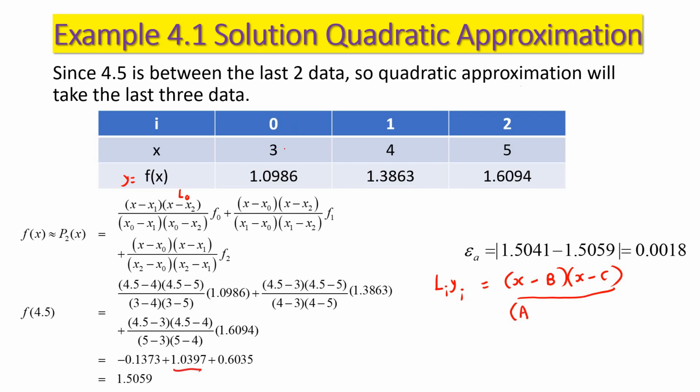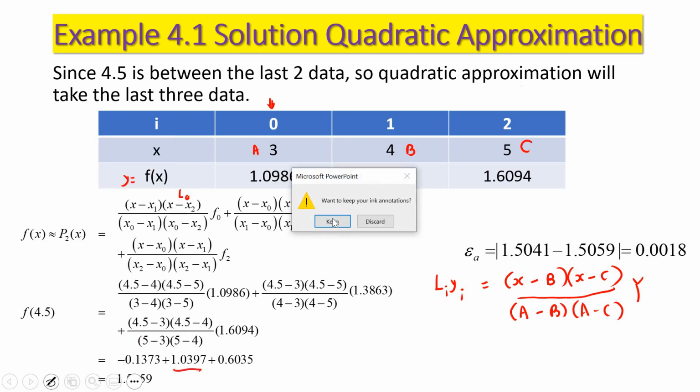When you point to i equal to 0, a will be 3. Then b and c: this is b, this is c. So when you are standing here, this is a, this is b, this is c, this is the y, and x is given from the equation, 4.5. So x, a minus b, a minus c, multiplied by y. I cannot show the calculator in this presentation mode; I have to end show.